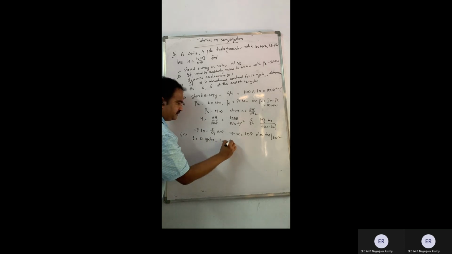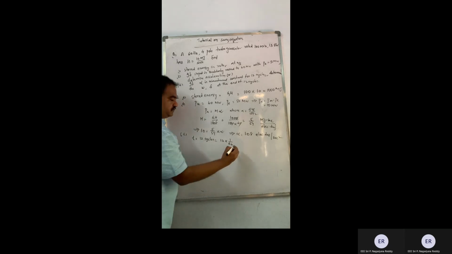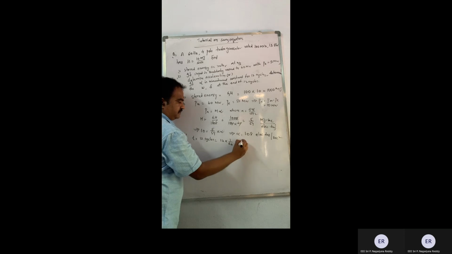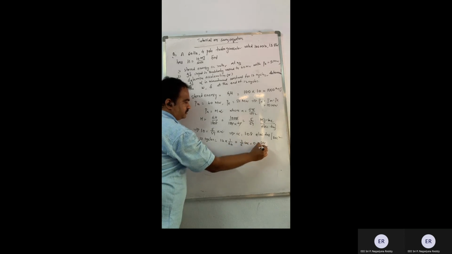So what do you mean by cycle, guys? It is 1 by frequency, isn't it? The frequency is 60, so it is 1 by 60 seconds. So it is going to be 0.2 seconds.